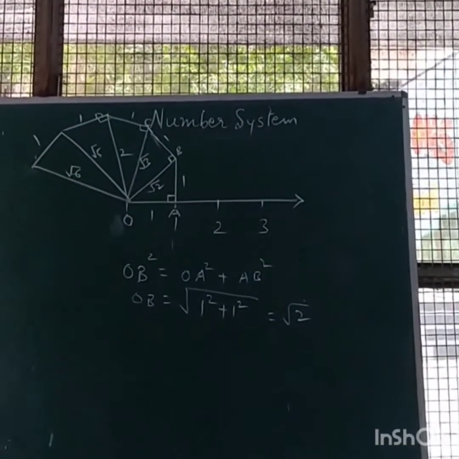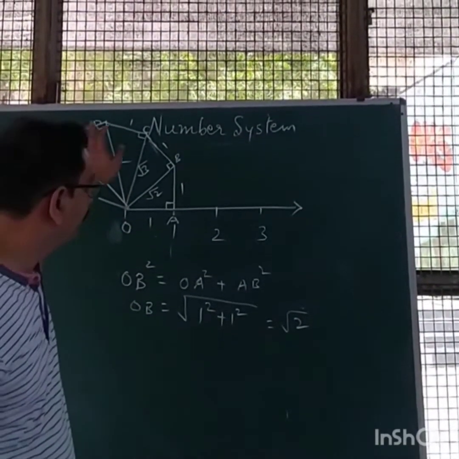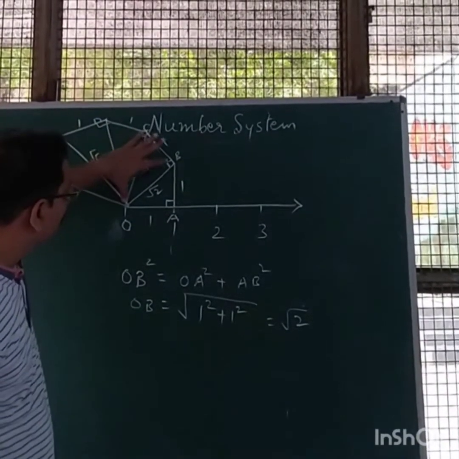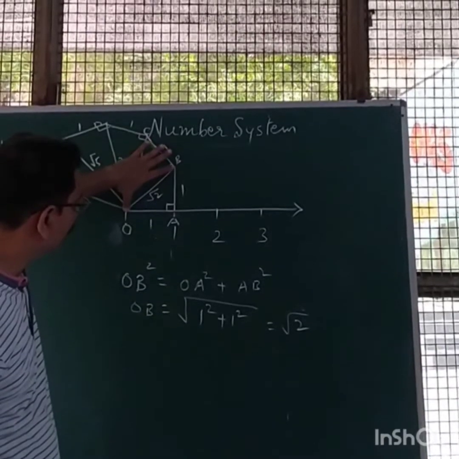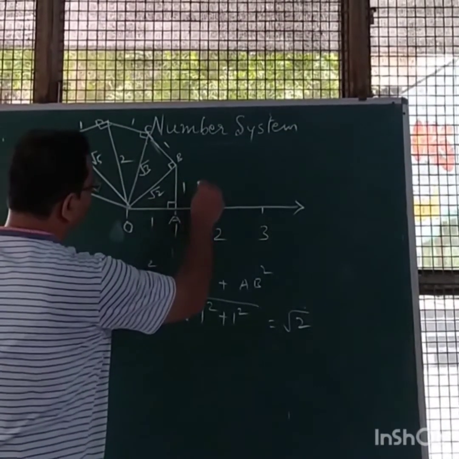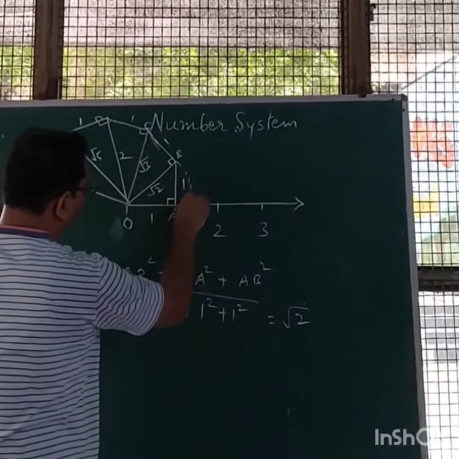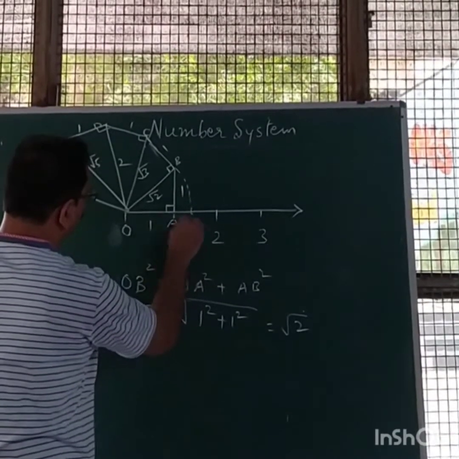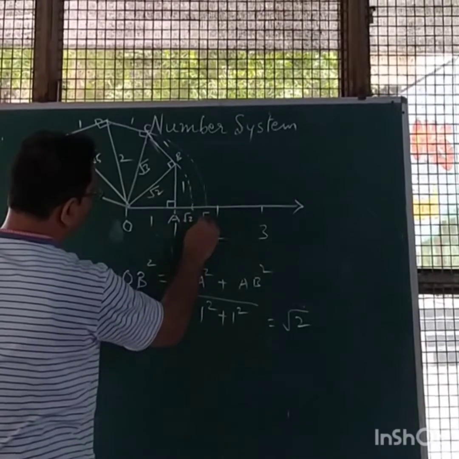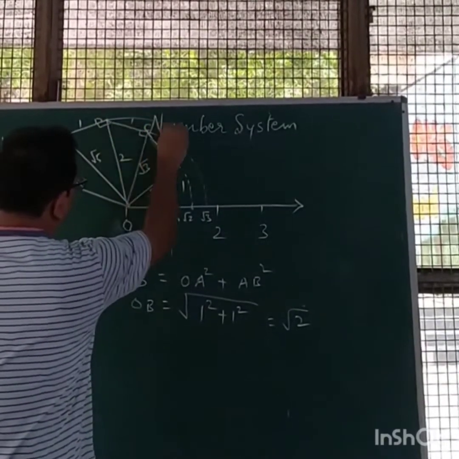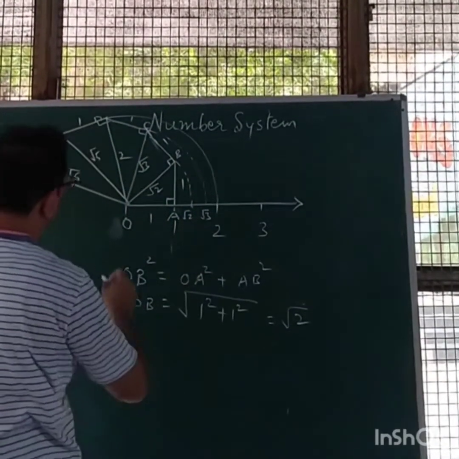So in this way, by this arc, we take a compass and put an arc here. This is under root 2. We put an arc here. This is under root 3. Take an arc here, 2.